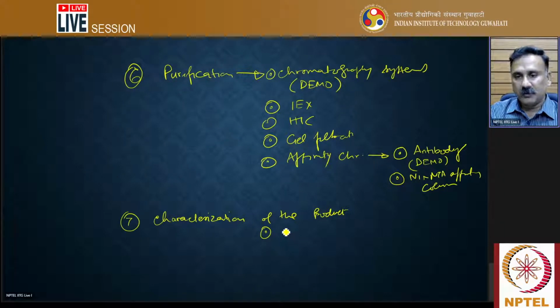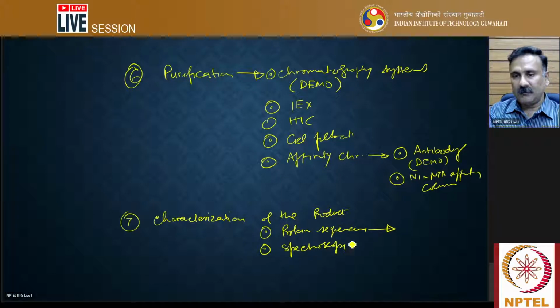So we can actually do protein sequencing. We have discussed both methods of protein sequencing. And then we have also discussed the spectroscopic methods for characterizing the product. And we have also discussed IR spectroscopy and so on.